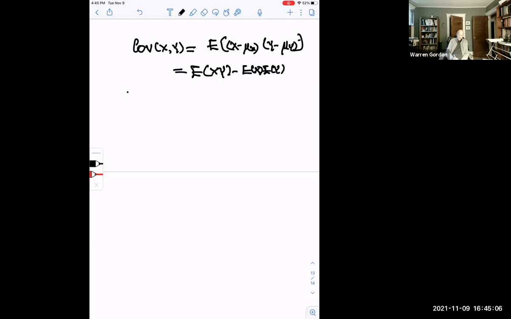We know if X and Y are independent, the covariance is 0. The converse is not true.